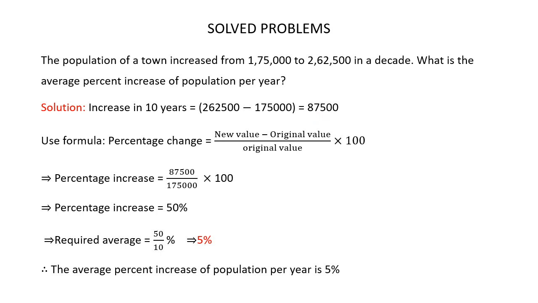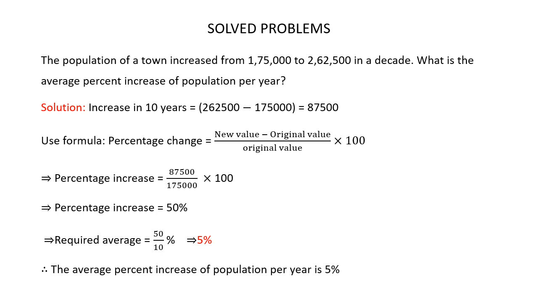Now we are asked to calculate the percent increase of population. So use the formula percentage change is equal to new value minus original value divided by original value multiplied by 100. Now we know that new value minus original value is 87,500 and original value is 1,75,000.